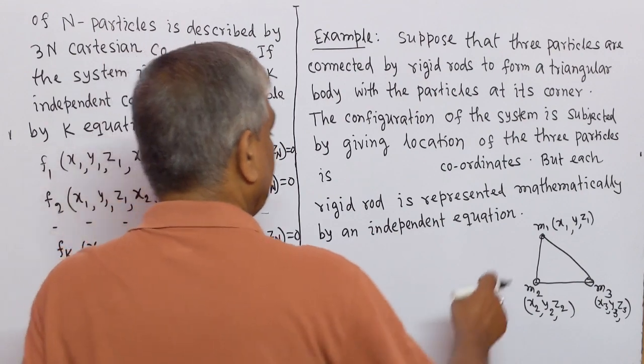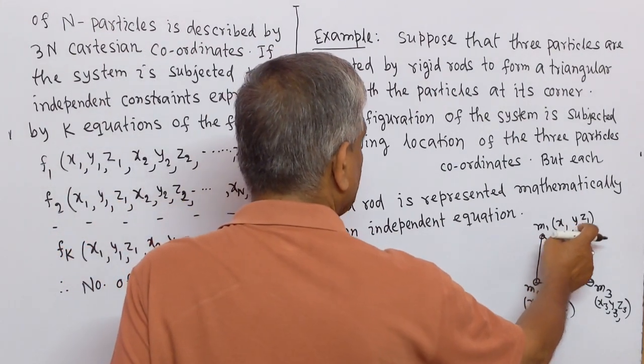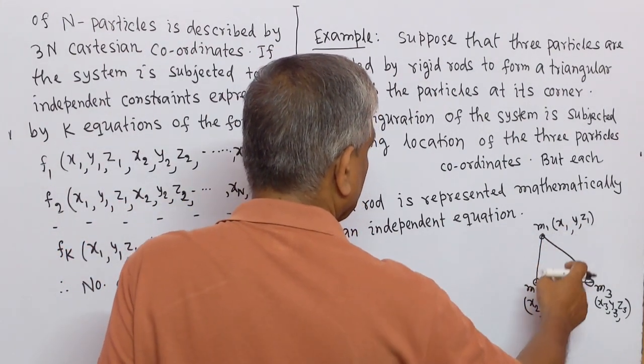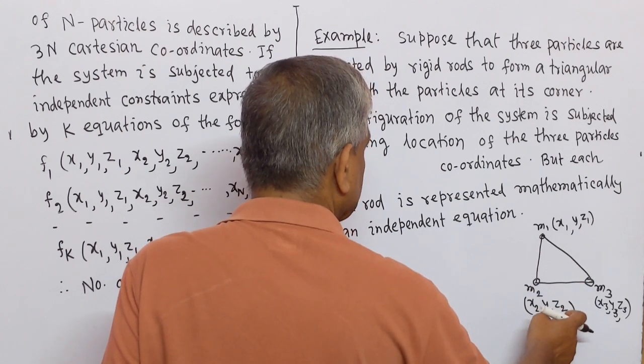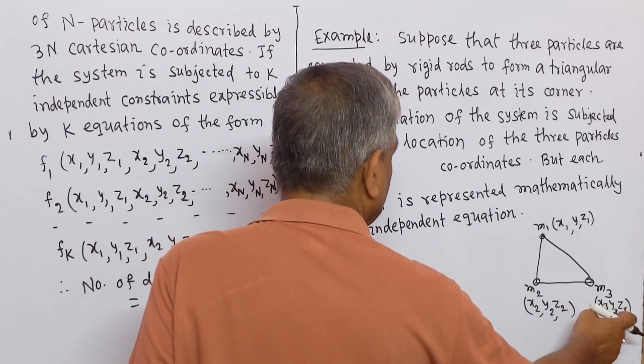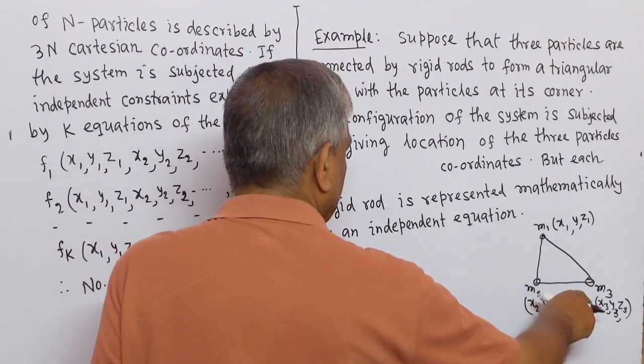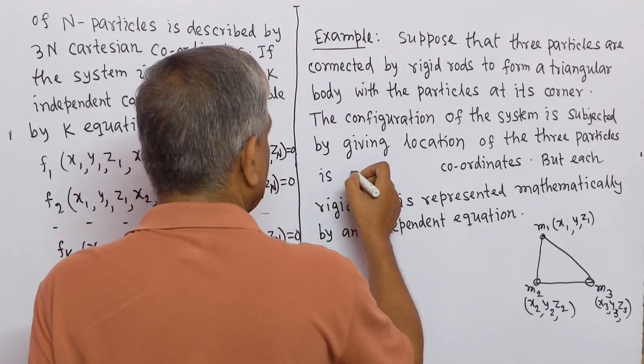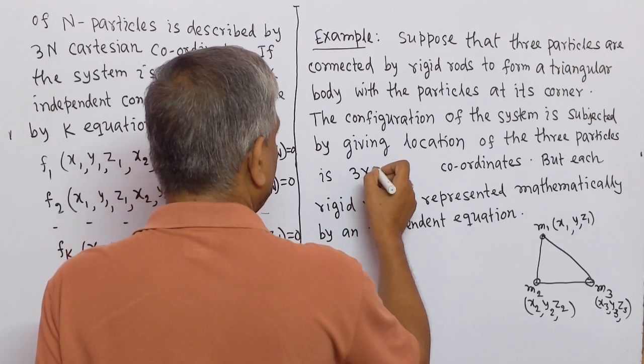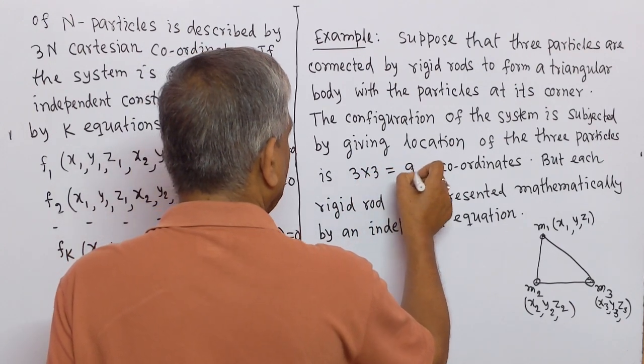Each particle requires three coordinates, so the second particle also requires three coordinates and the third particle also requires three coordinates. So the number of coordinates required is 3 multiplied by 3 equal to 9 coordinates.